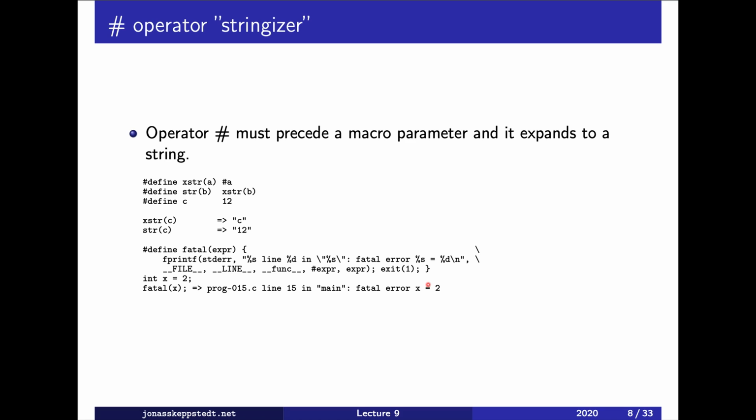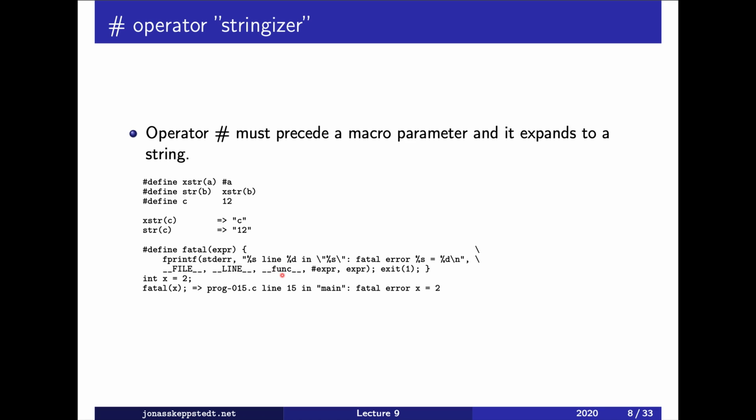So how does this work? Well, first we use fprintf to print to the standard error. That's System.err in Java. Then we want the file, so we use this macro. And then we want the line, so we use this macro. And then we want this function name.